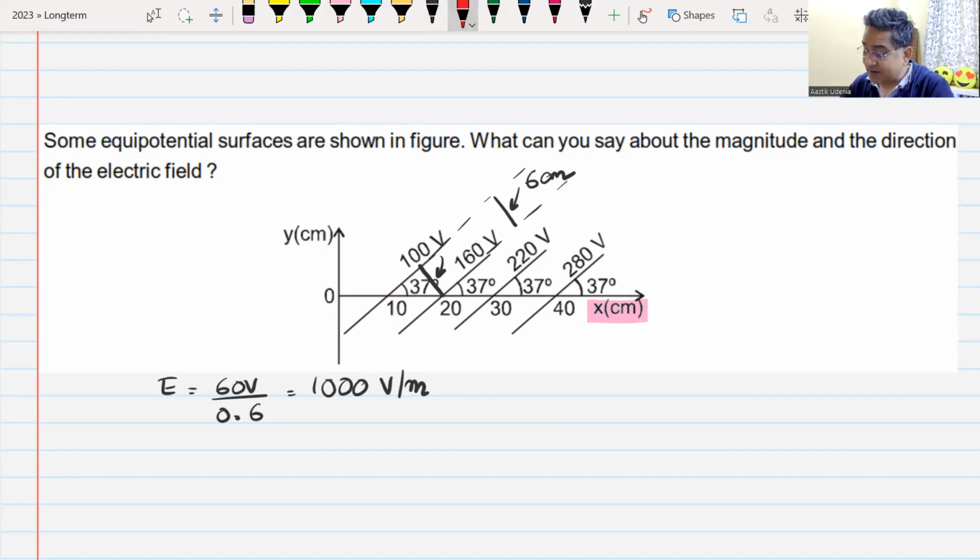How are the electric field lines going? They always go from a point of higher potential to a point of lower potential and they must be perpendicular. So they will be going like this. Do we understand this? Yes, sir. So this is the answer. The electric field lines move like this. Do we understand this? Yes or no?